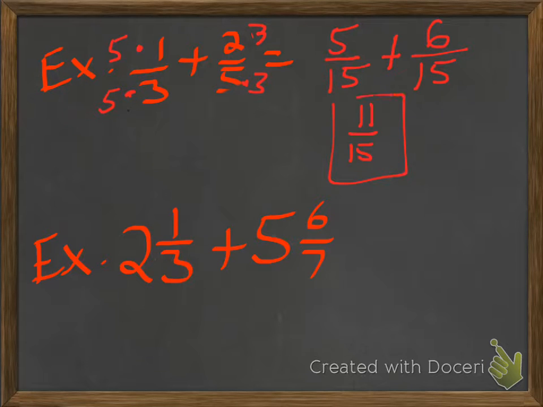It's a proper fraction. Let's try this mixed number down here. We're going to change it into improper. 2 times 3 plus 1, 7 thirds, plus 5 times 7, 35, plus 6 is 41 sevenths. Now your least common multiple here would be 21. So we want to put 21s on the bottom.